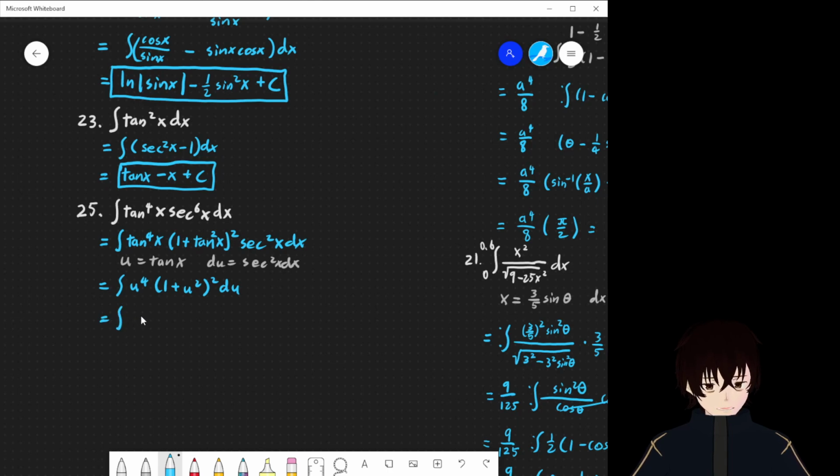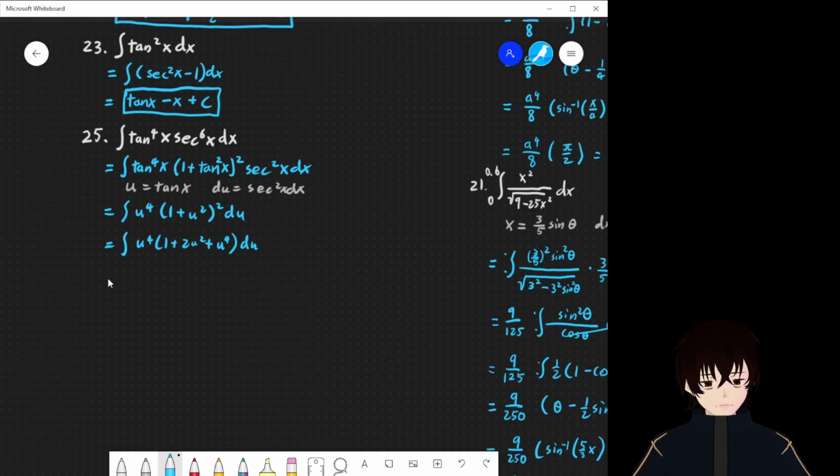Simplify that. We get u to the power 4 times 1 plus 2u squared plus u to the power 4 du. And we get the integral of u to the power 4 plus 2u to the power 6 plus u to the power 8 du.